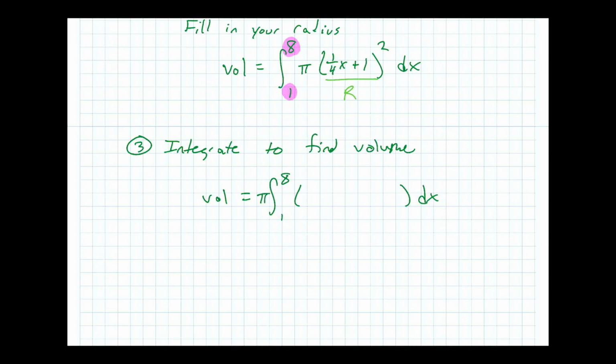So you multiply this out, it'll become 1/16 x squared. And then you're going to have 1/4 x times 1, which is 1/4 x, plus 1/4 x is now 1/2 x. And then 1 times 1 is 1. So I just multiplied that out. Right, so that's just FOIL. Hopefully that's not a problem.